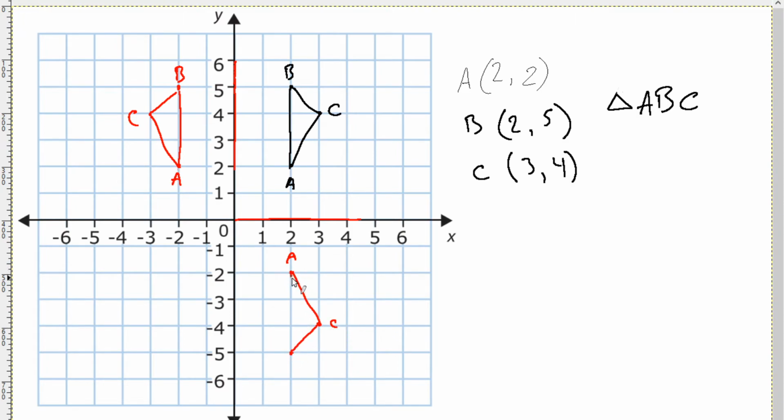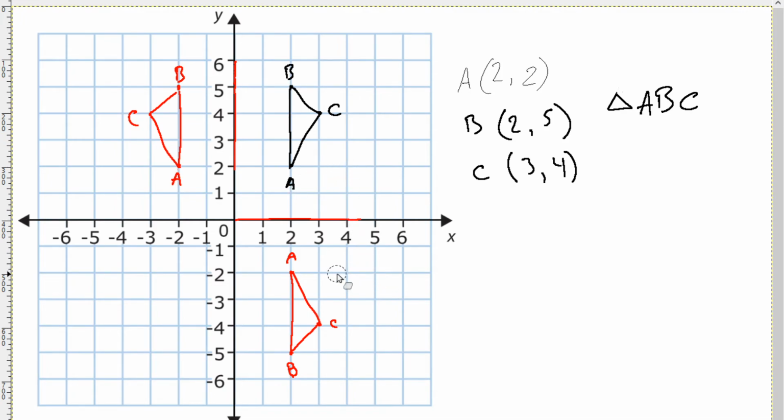We would get something looking like that. And this is one area that some people get kind of tricked by, and they mislabel their new shape when you flip it over the x-axis. So those A's are closest. The A becomes the top in the reflection, where it's the bottom in the normal one. So just be careful for that.